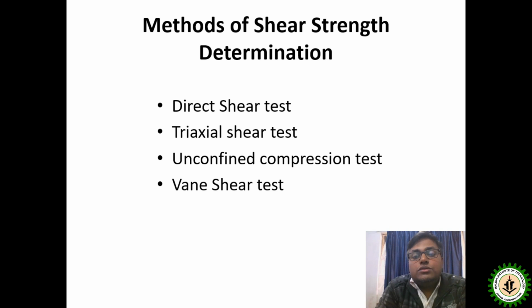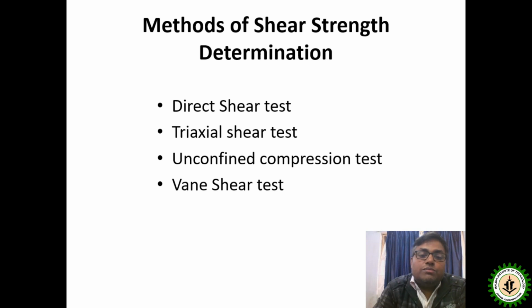Now coming to how we can determine the shear strength of soil. In the laboratory, we can find out the shear strength of soil by these methods. First is the direct shear test, second the triaxial test, then the unconfined compression test, and the vane shear test.